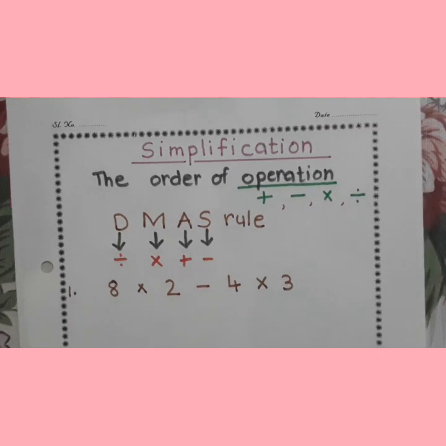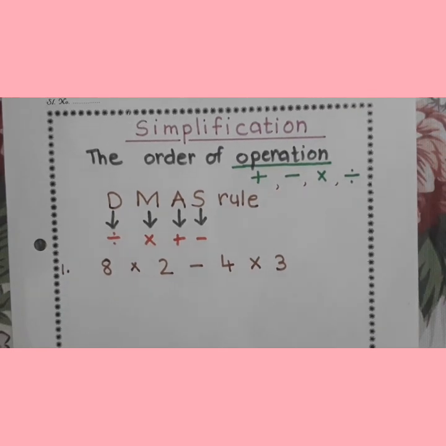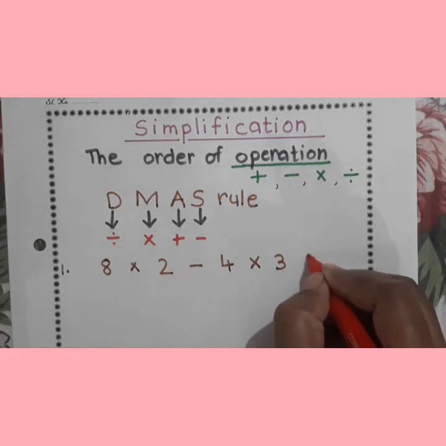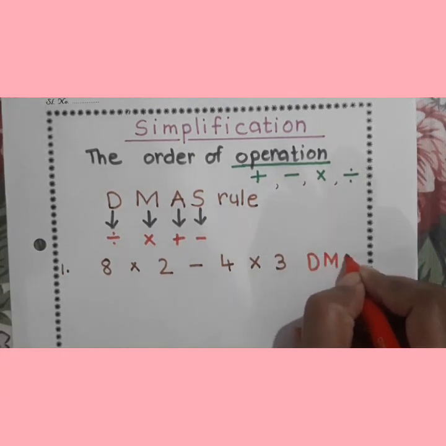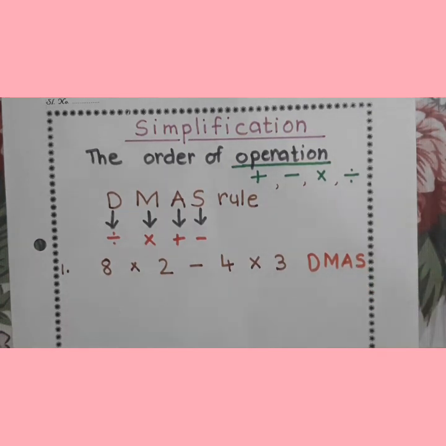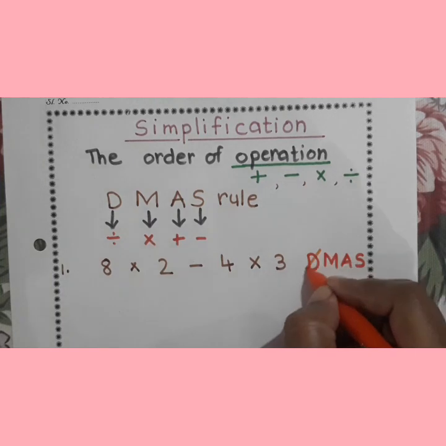So I hope you remember the first step that I had taught, and the first step was write DMAS towards the right hand side of your question and start checking. Number one, do we have division here in the question? Can you see? Is division involved in the question? No, there is no division at all. So we will cancel D.